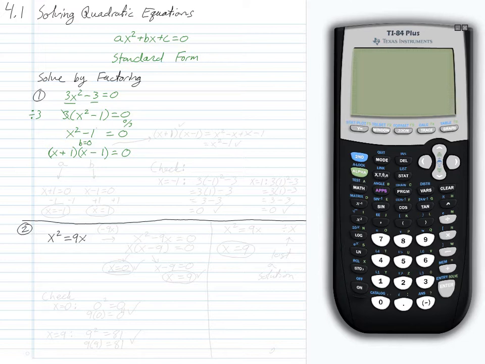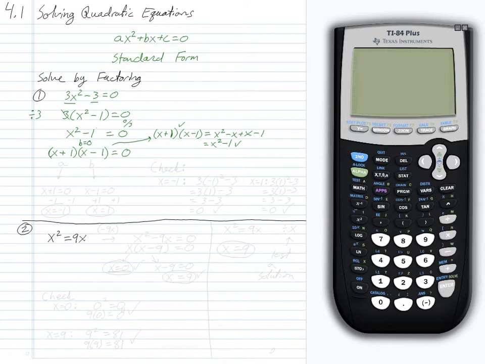Now, just to confirm, you can multiply that back out, x minus 1, x plus 1. If I FOIL those, I get x squared minus x plus x minus 1. Those x's in the middle cancel, we get x squared minus 1. So that is the correct factorization, and we'll go from there and apply the zero product property.